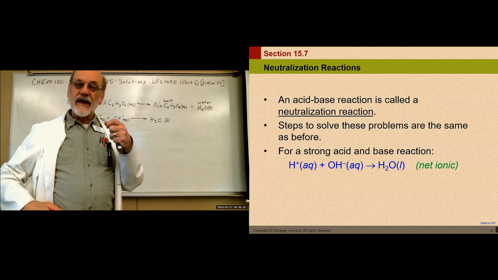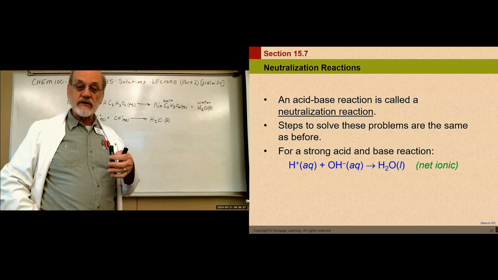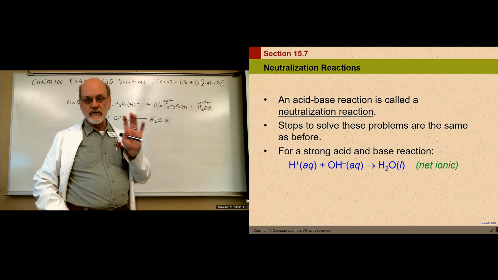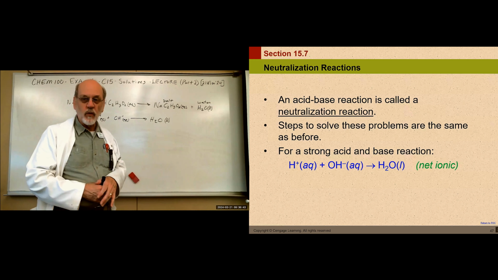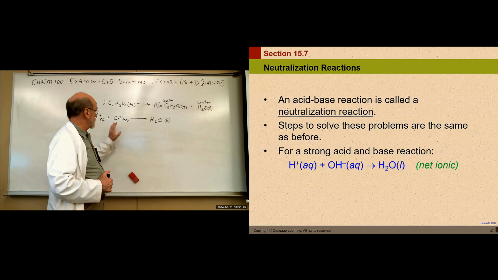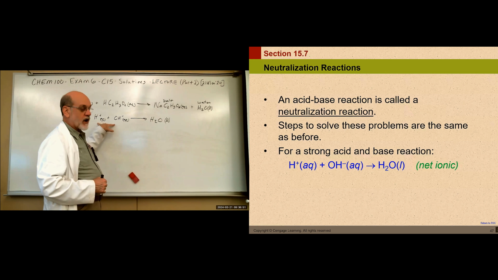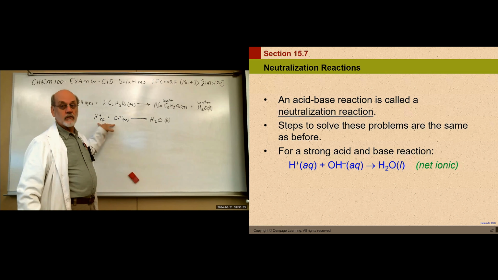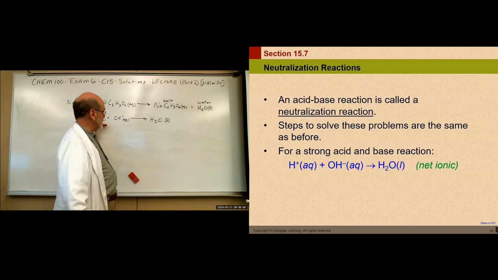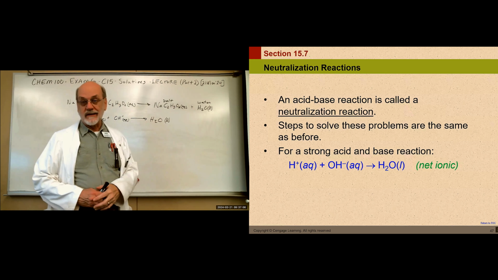So the net ionic equation for an acid-base reaction is always hydrogen ions plus hydroxyl ions yields water. The formation of water is the driving force for an acid-base reaction because hydrogen and hydroxyl really, really want to get together. So the reaction is essentially all the way to the right.